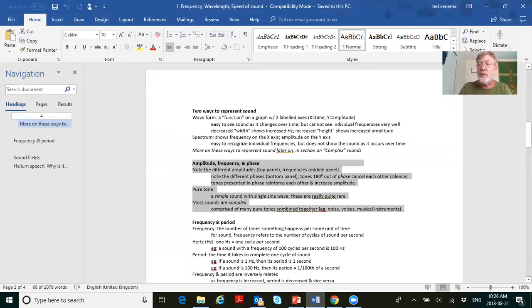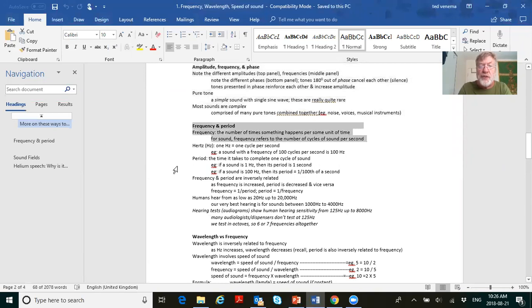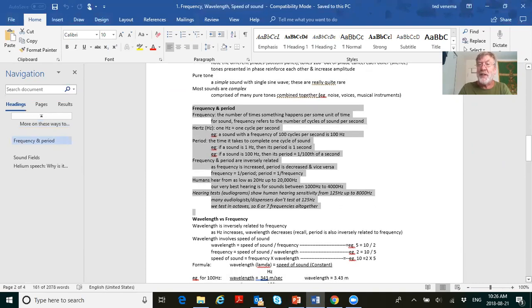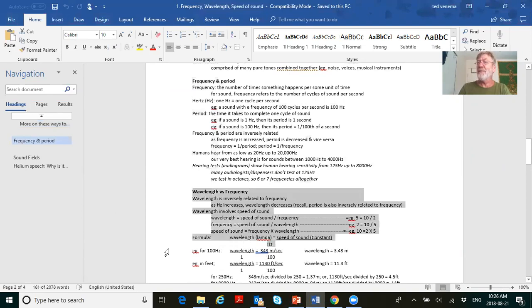And then next week we're going to go on and talk a lot more about frequency and period. You see where I'm highlighting? And then we're going to be talking about frequency and wavelength. So that's really what we're covering next week in this course with a vengeance. We're covering frequency and period.